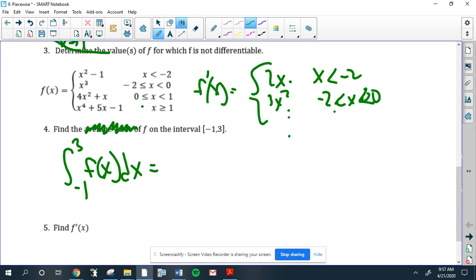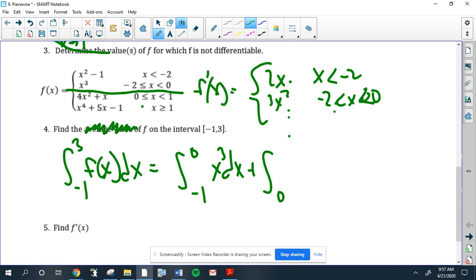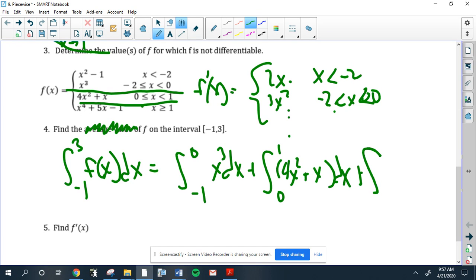So this would just be the integral from -1 to 0 of that piece, plus the integral from 0 to 1 of that piece, and finally plus the integral from 1 to 3.